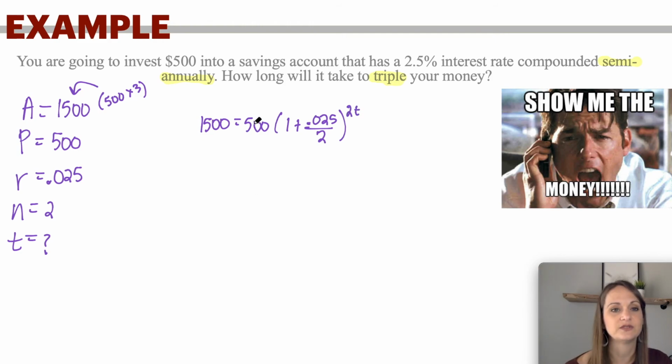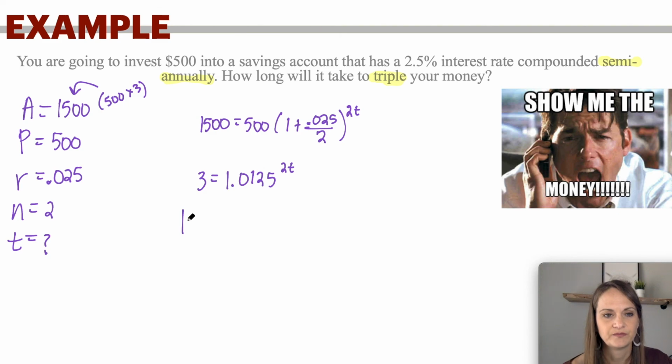So first thing is, I'll divide by 500, and I will get 3, which is interesting. When you triple, it's 3 times the amount. And then 1 plus 0.025 divided by 2 is going to give me 1.0125 raised to the 2t. I need to rewrite that as a log. So this base becomes the base of the log.